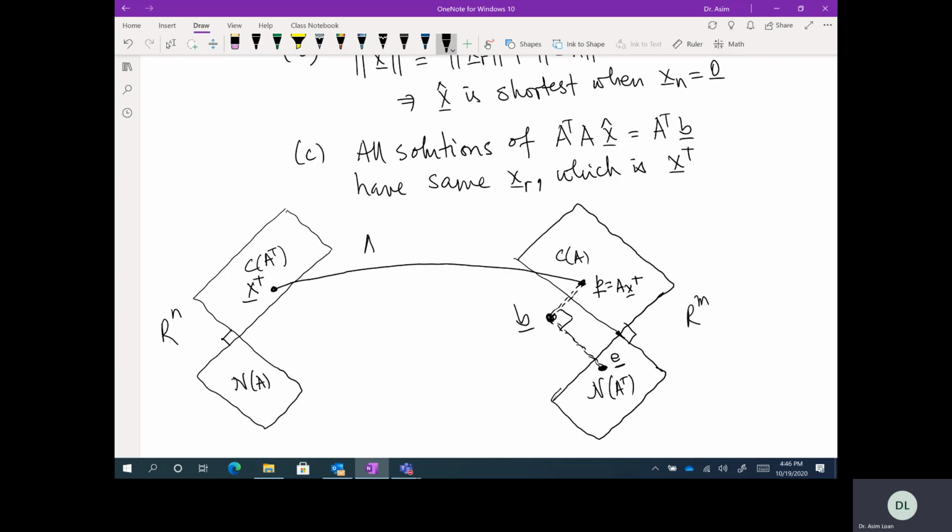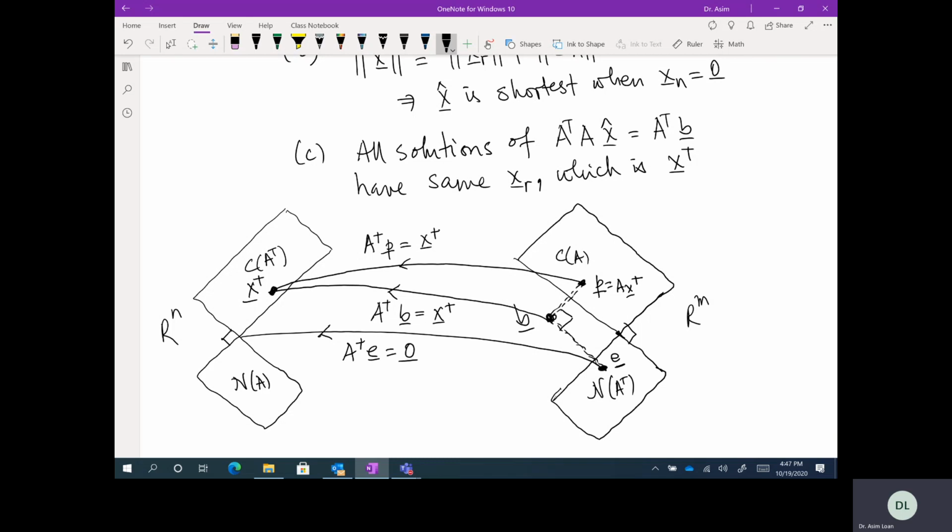The pseudo inverse into p should be equal to x plus, and b is also going to go over here. The pseudo inverse of b is x plus, and this e goes here. This is the pseudo inverse of e.